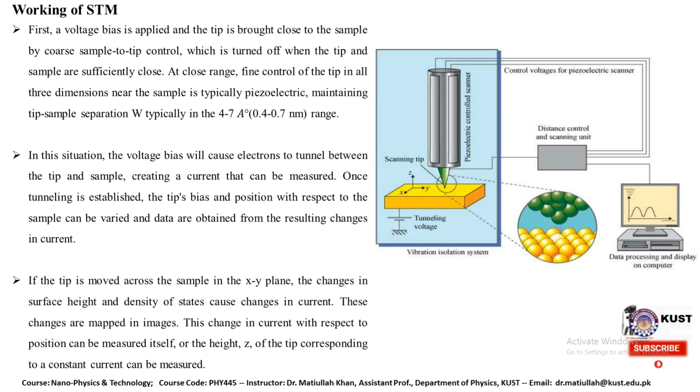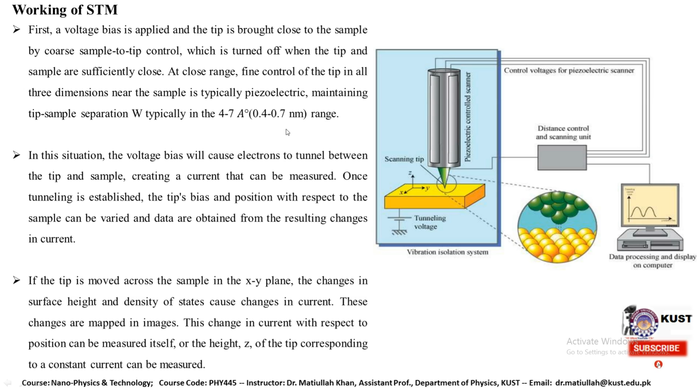What happens at close range between the sample and the tip? Fine control of the tip in all three dimensions near the sample is typically piezoelectric, maintaining a tip sample separation of about 4 to 7 angstrom, that is 0.4 to 0.7 nanometer range.